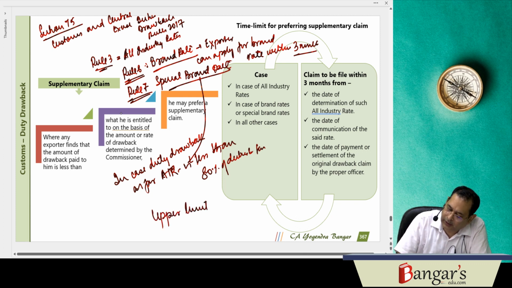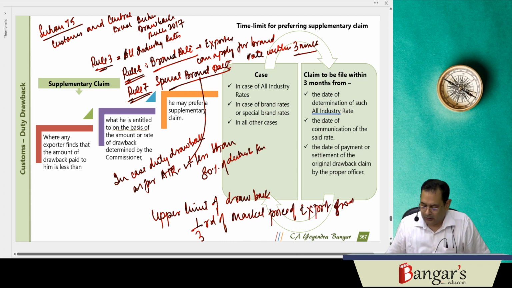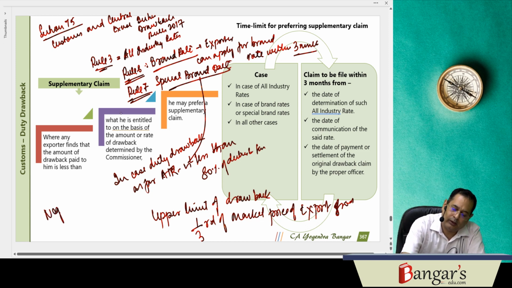Then there is one upper limit of drawback. What is the upper limit of drawback? The drawback cannot exceed 1/3 of the market price of export goods. This is the upper limit of drawback, and no drawback is admissible in case of negative value addition.